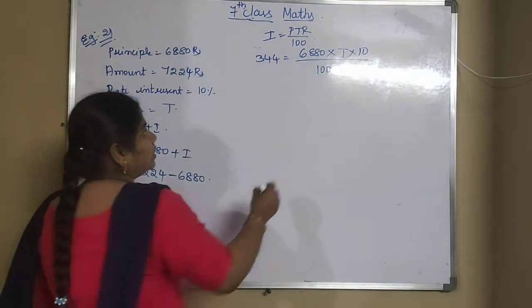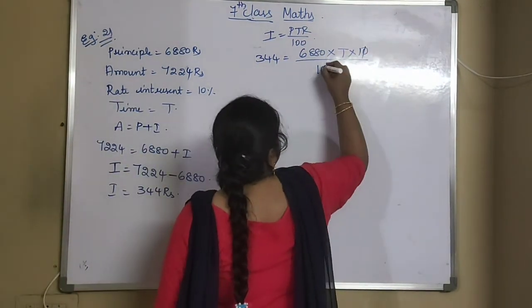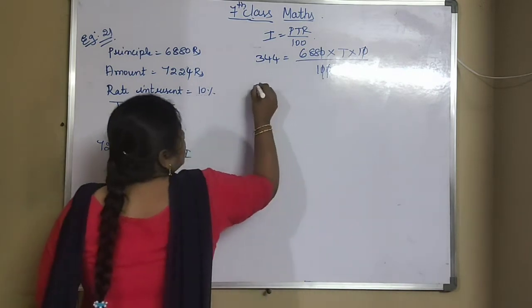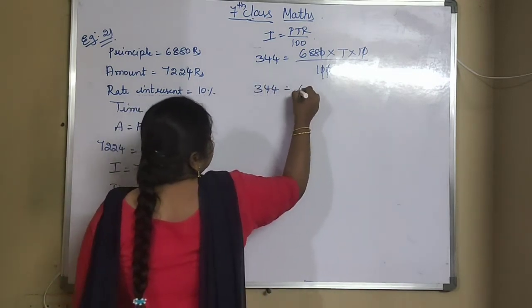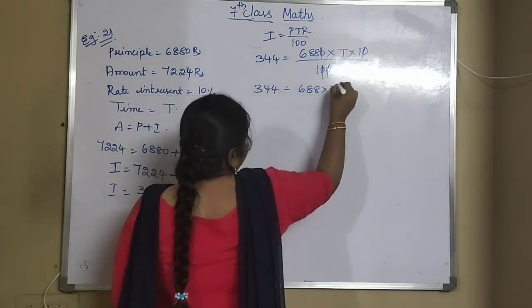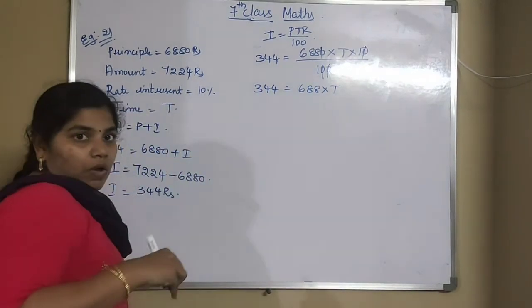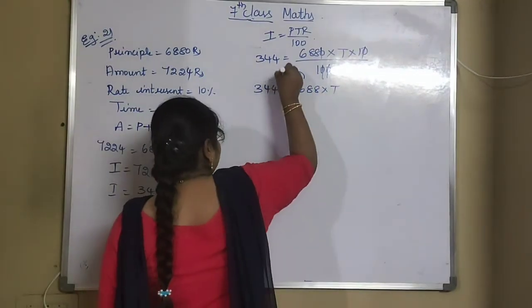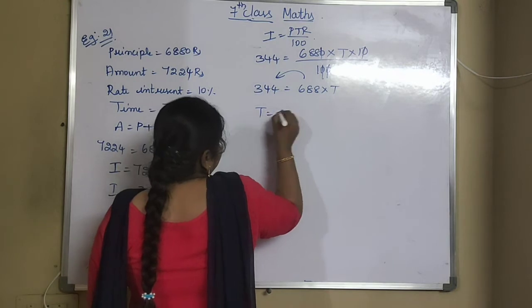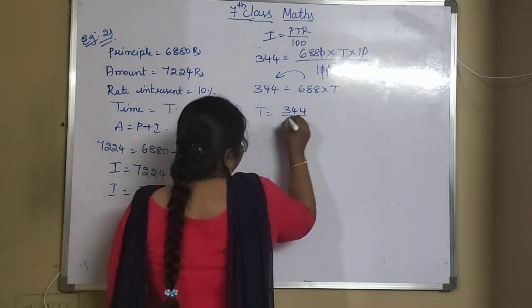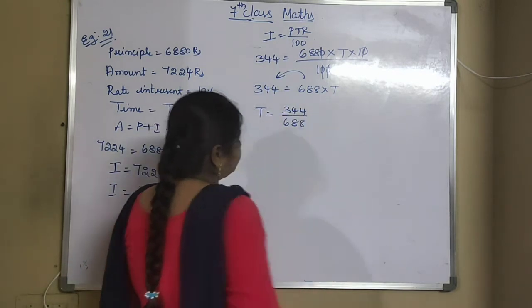Now here 0 will get cancelled, 0 will get cancelled. So 344 is equals to 688 into T. Now I am transposing this 688 to other side. So T is equals to 344 by 688.